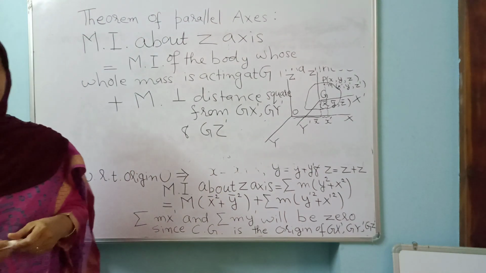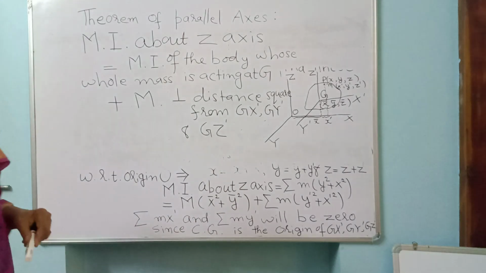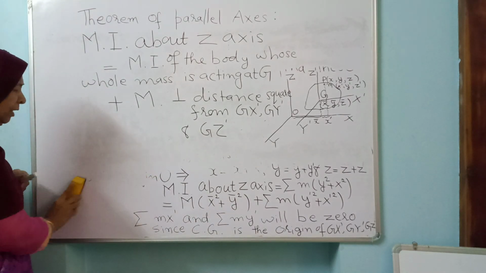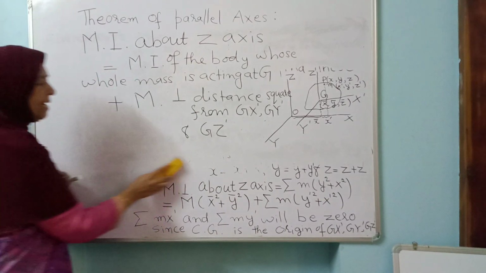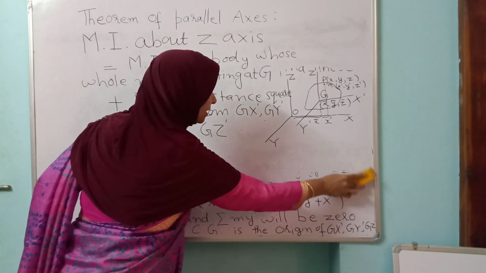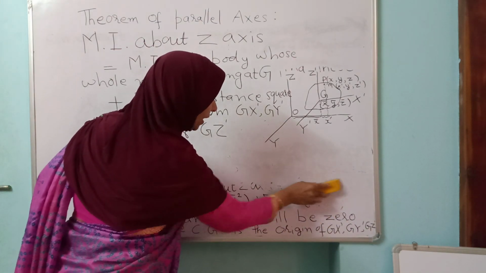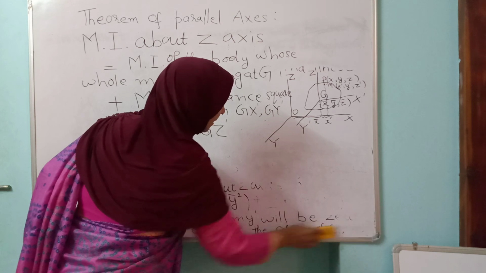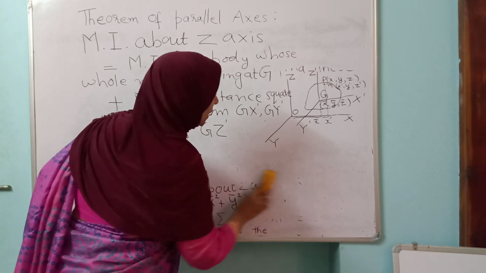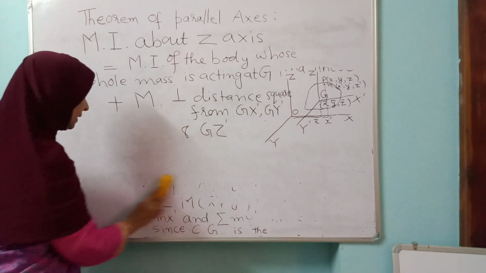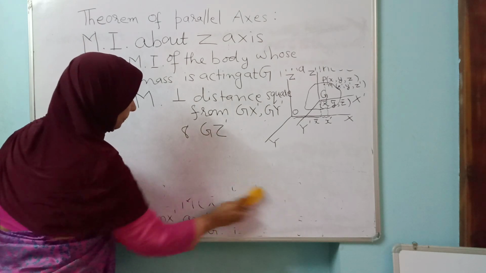What does it mean? It means that the moment of inertia is smallest when you obtain it with respect to the center of gravity.